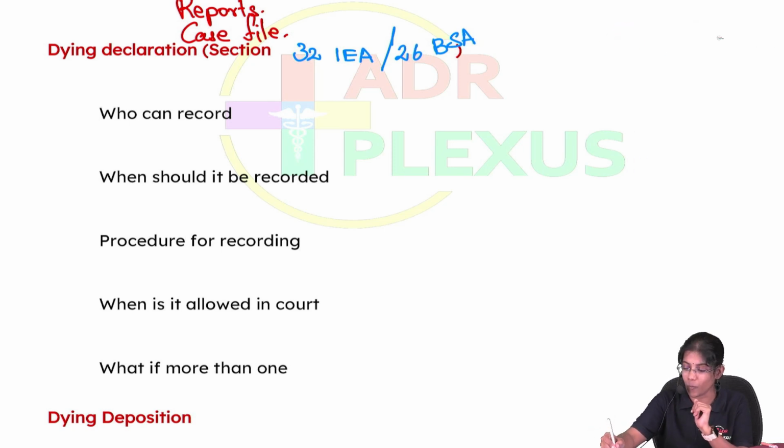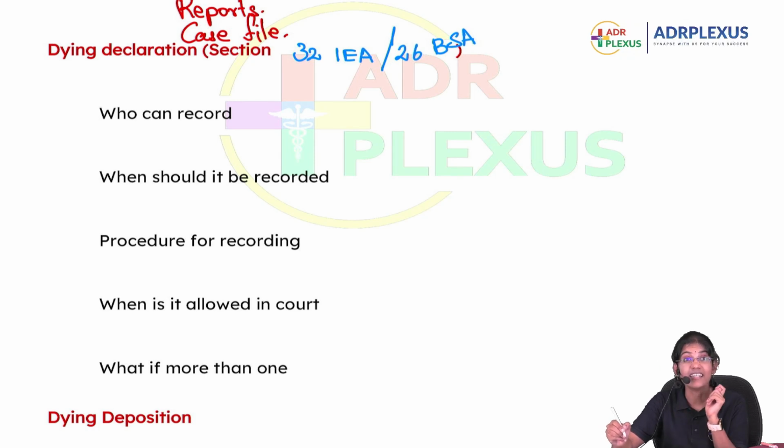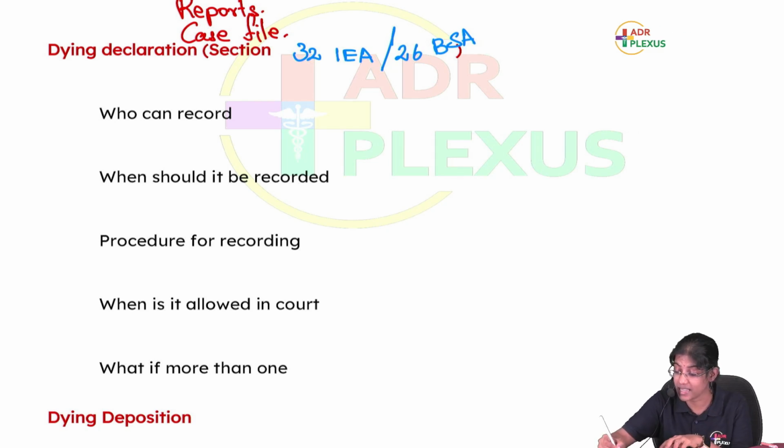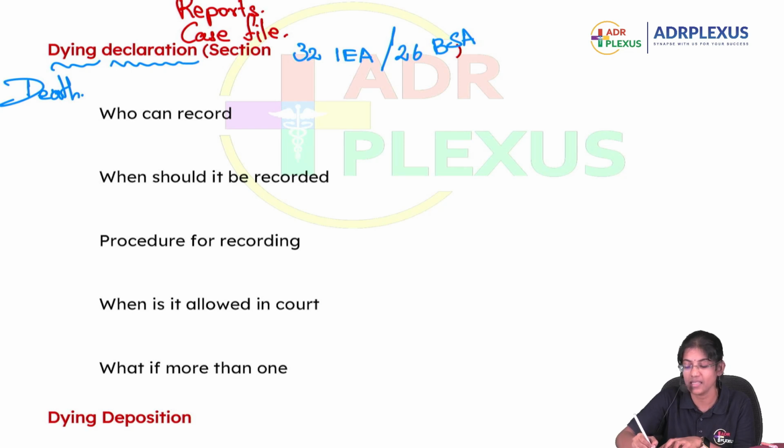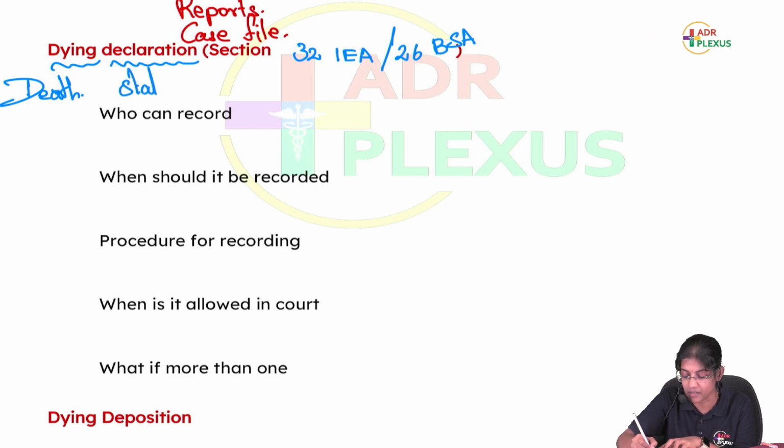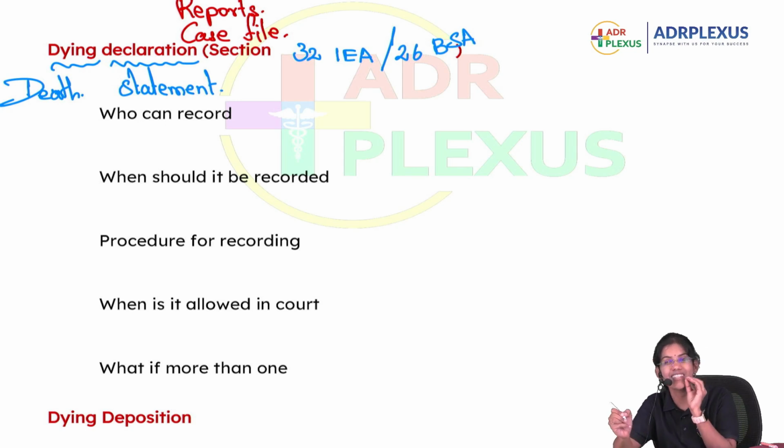Now, for dying declaration, there are two things we have to know. Dying means the person is expected to die. Death is happening. Declaration means he is making a statement.